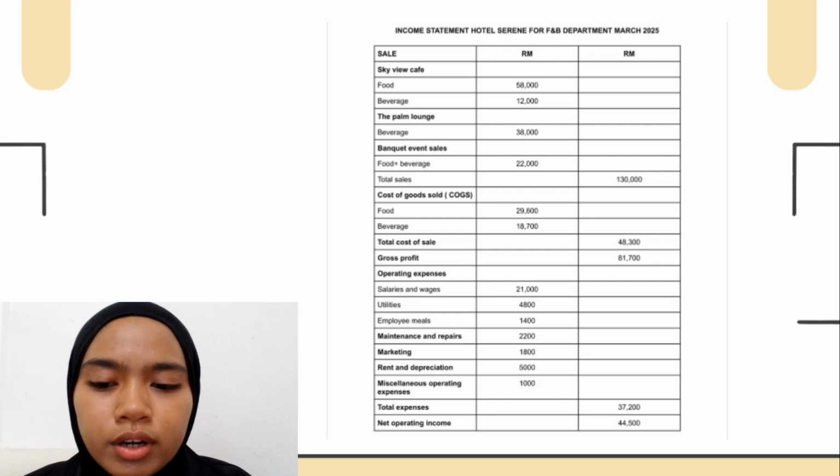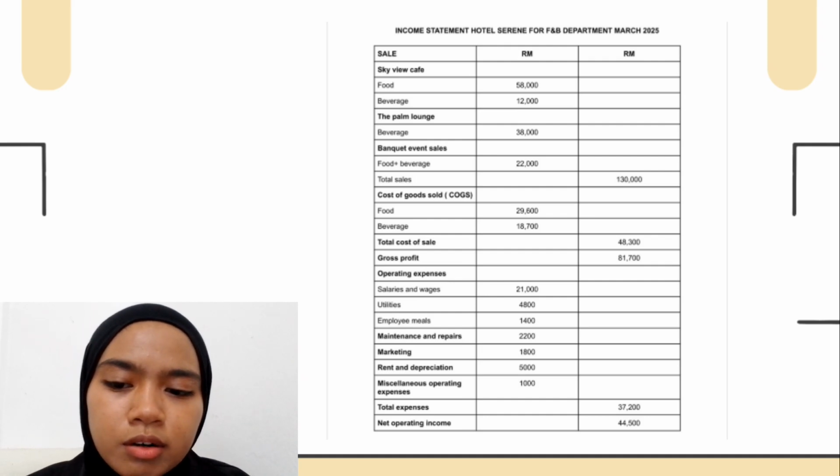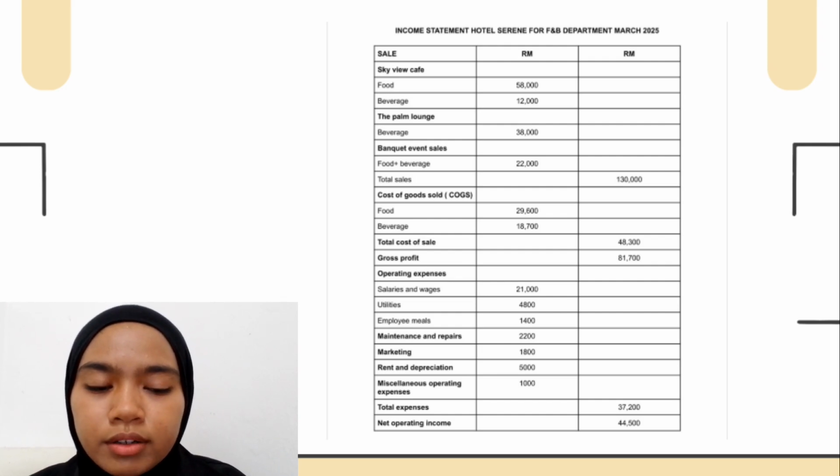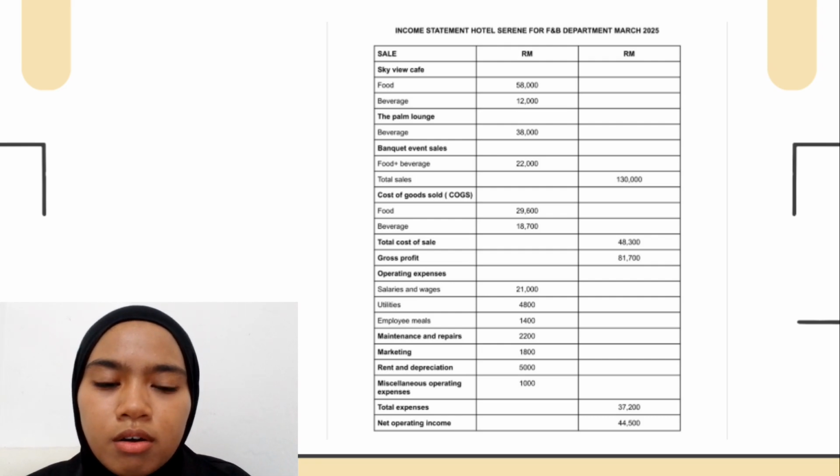Marketing is 1,800. Rent and depreciation is 5,000. Miscellaneous operating expenses is 100. Total expenses is 37,200 and net operating income is 44,500.